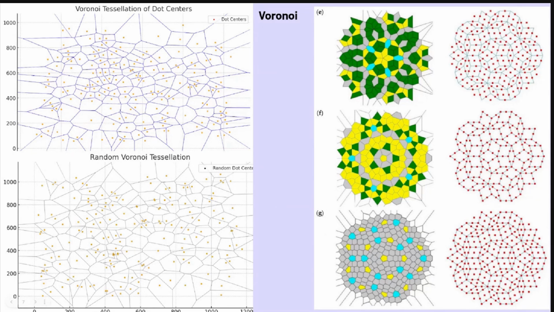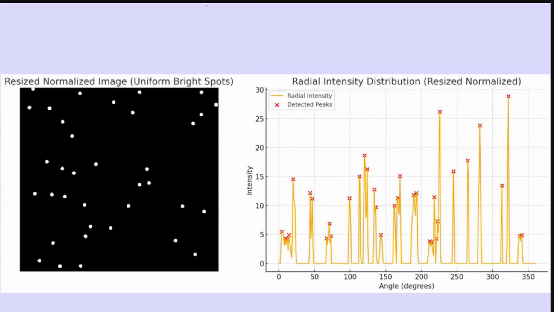And down here is just a random one GPT came up with to show the difference between the two. I think they look kind of similar, but there are a couple of spots that draw my attention. Right around here you're starting to see some regularity. And right here, again, you see some of this regularity, and if you come over here and look at these lines, it seems like it. I don't know. Once again, not going to rely on the Voronoi.